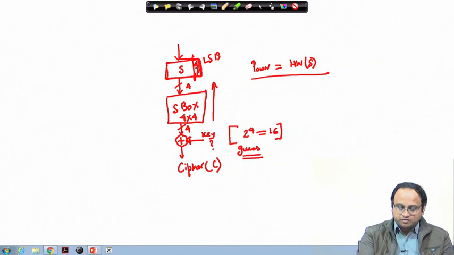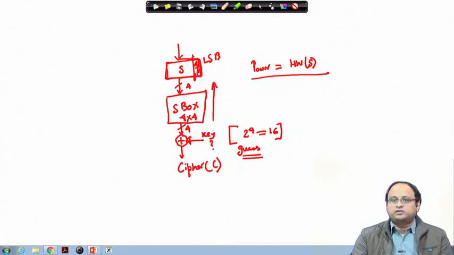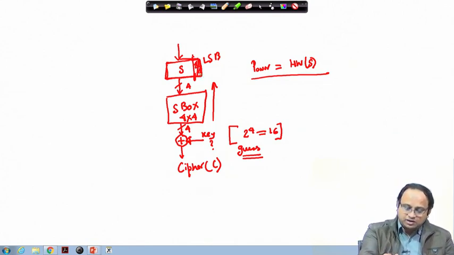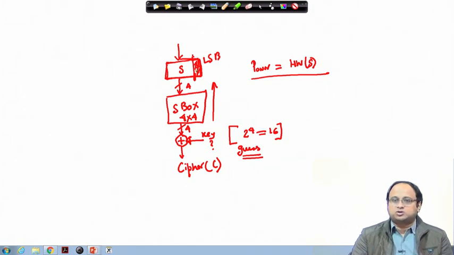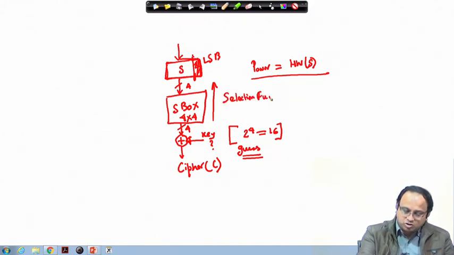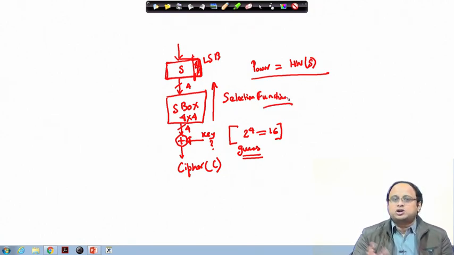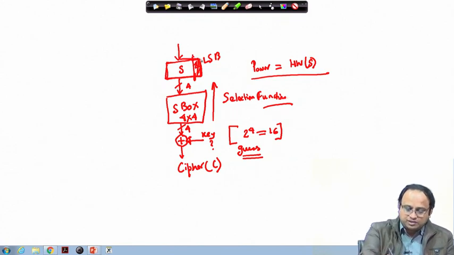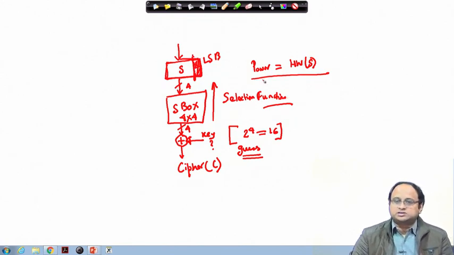On the other hand, if my guess was wrong, that means for all the 15 wrong cases, I will find out that this will sometimes match, sometimes not match, because then this function, which is often called the selection function, will essentially operate as a random number generator, or more correctly a pseudo random function generator, and therefore you will find that the partitioning of the power traces will be in a random fashion, and therefore the difference of mean will be close to 0.